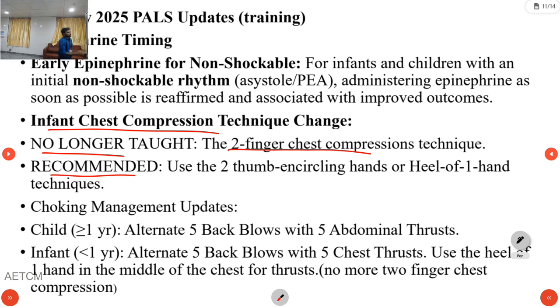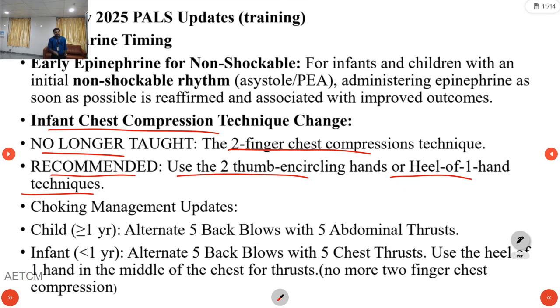What they are recommending is the 2-thumb encircling method, or we can perform chest compressions with the help of the heel of one hand. I would say the 2-thumb encircling method can be performed if you have 2 rescuers, so that you can perform CPR on the infant with thumb encircling, and one more person might be using the AED and delivering rescue breaths.